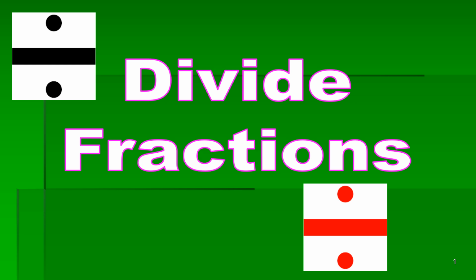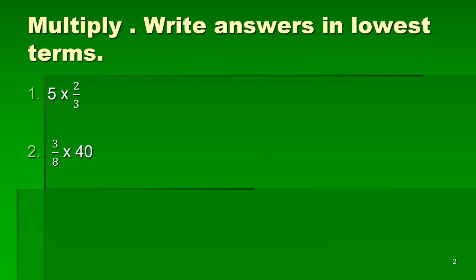All right. Now before we go on, we just multiply fractions and write the answers in lowest terms because this is important. Okay. Now we have here 5 times 2/3.